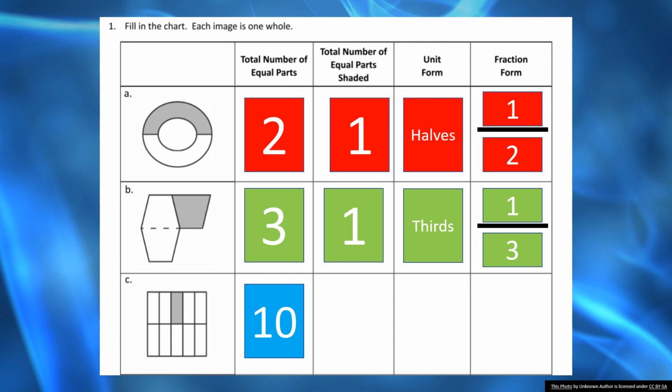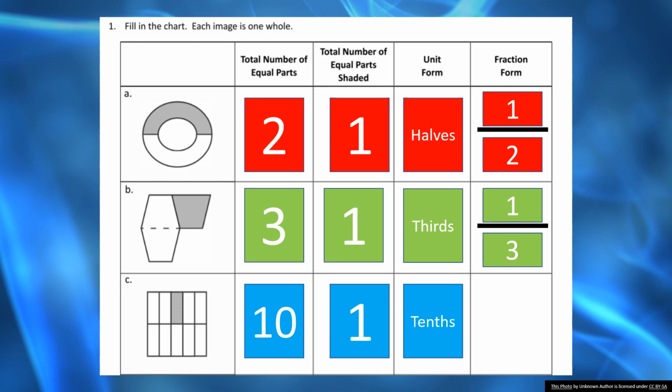Let's look at C. How many equal parts is C made of? That's right, 10. And what's the total number of equal parts that are shaded? That's right, 1. So because this shape in letter C is made up of 10 equal parts, then that means that the unit that we're working with, or the fraction that we're working with, is tenths.